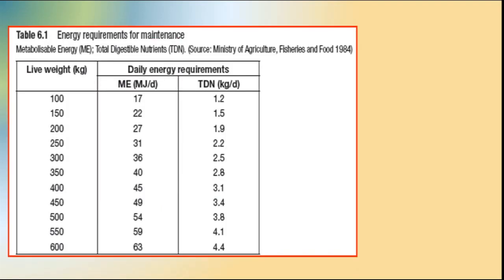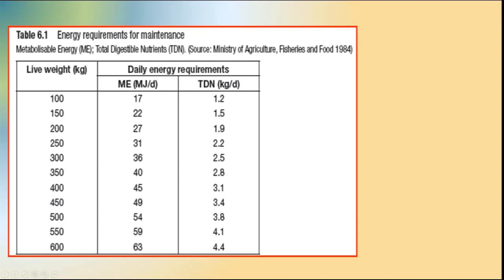So I have taken these tables from a booklet where the energy requirements for maintenance have been given for dairy cattle. There is a live weight and then a daily energy requirement against the live weight. Like if you look at this, for a 500 kg animal, the maintenance energy requirement is 54 megajoule per day, and the TDN is 3.8 kg per day.